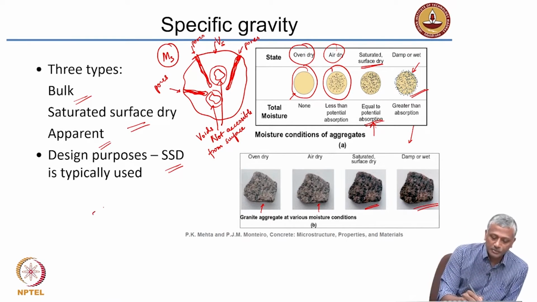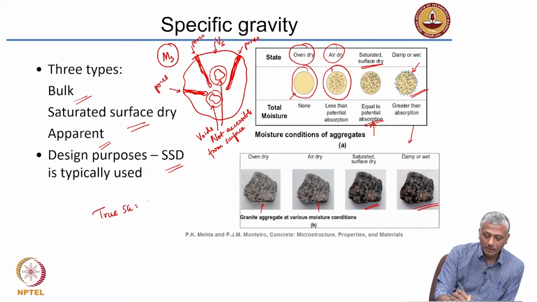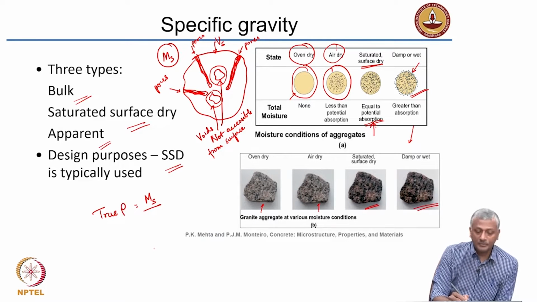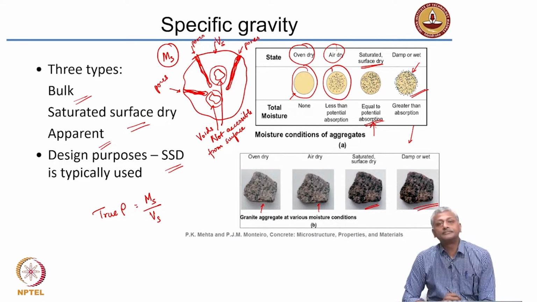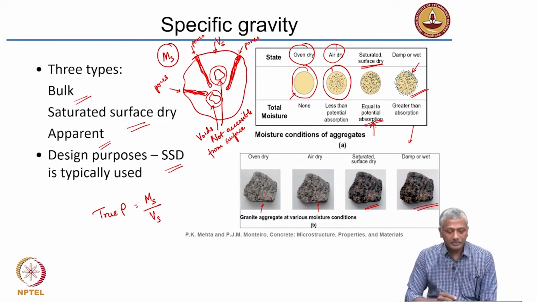So, if you take the true specific gravity, that should be equal to, or true density, let us say, true density is equal to the solid mass divided by the solid volume, right. The problem is we can never determine the true solid volume. Why?